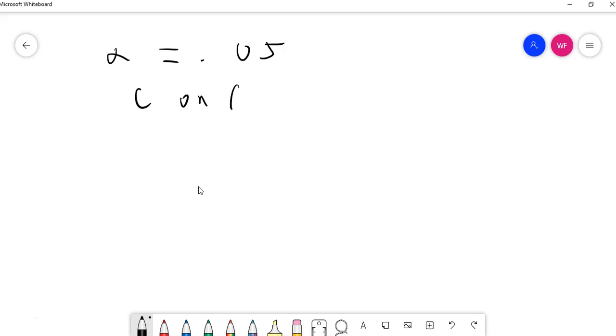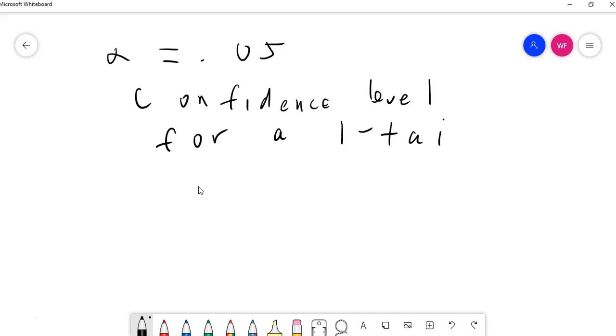The confidence level for a one-tail test, I give a little more explanation about this in the notes that I posted, is 1 minus 2 alpha.